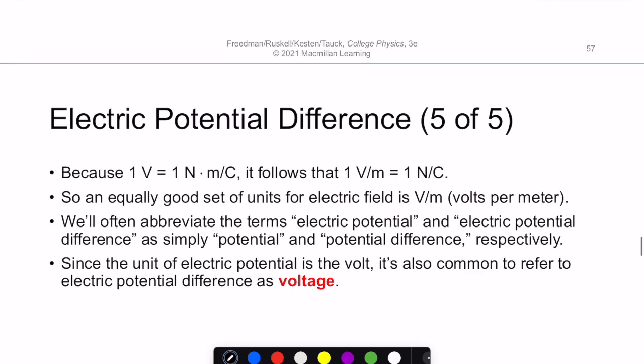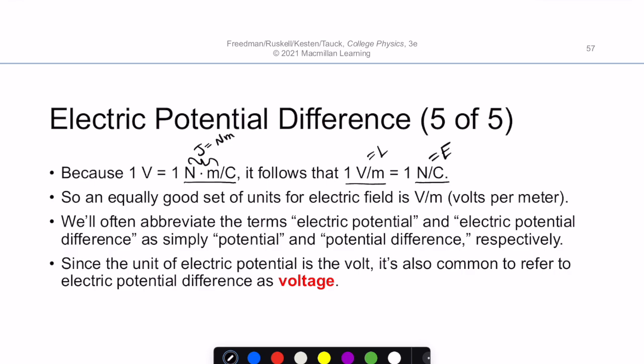So 1 volt can also be expressed in SI units as a Newton meter per coulomb. Why? Because a joule is defined as a Newton meter. So if we think about that unit, we can express a volt per meter as a Newton per coulomb, which, you might recall, is the units of an electric field.